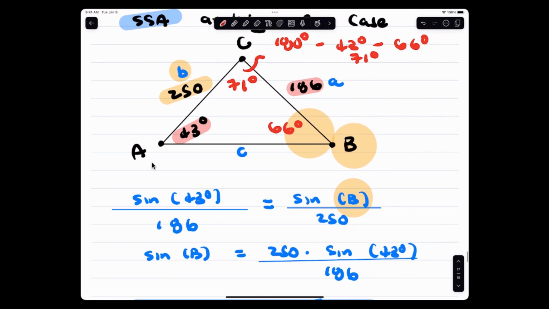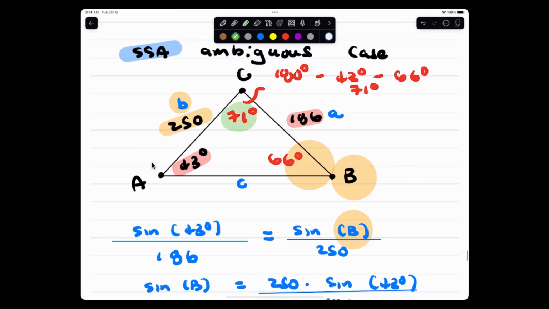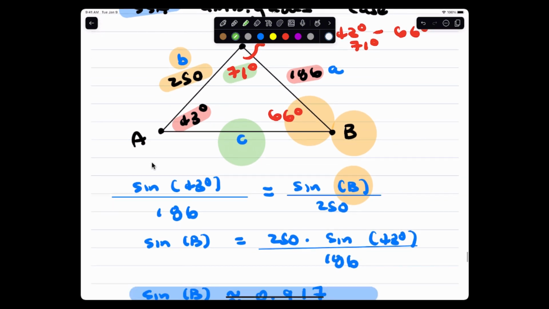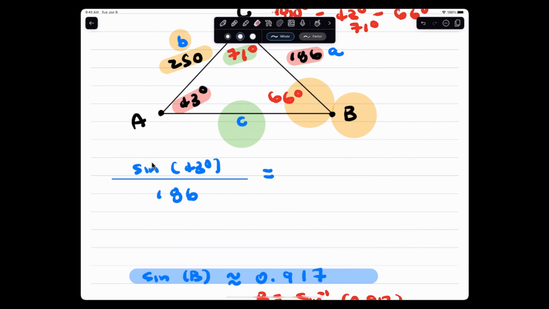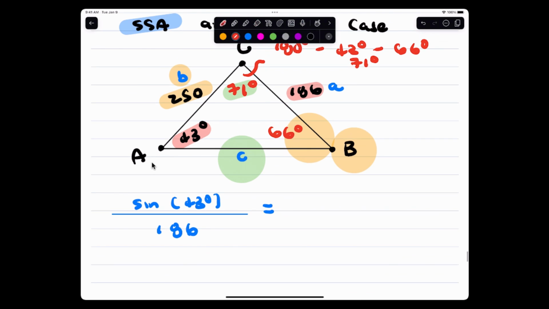I'm almost done. How do I find this little c now? Right? Do you guys know? I have a known angle and an unknown side. So I'm going to erase this because we've used it. We create the ratio now.